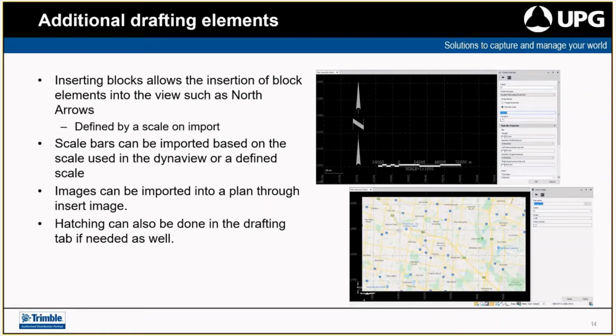You can import images into the view and have them in the background of your Dynaviews so that they can be printed as well. And hatching can be done in the drafting tab as well. So if you want to hatch through an object, then we can do that, and that will allow you to give that sort of solid block color option.